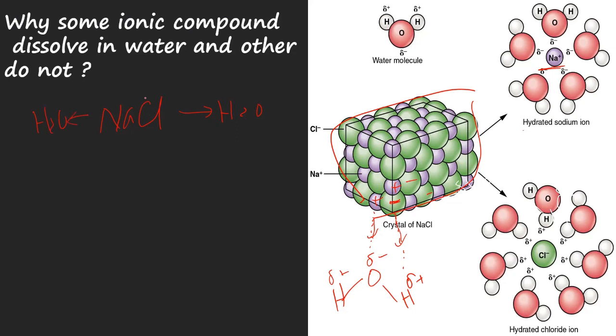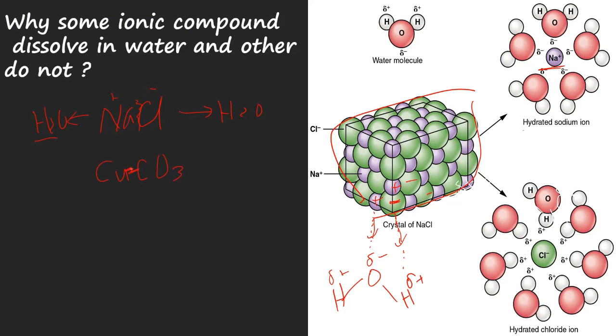Why? Because their bond, the positive and negative electrostatic forces, is weaker than the water and chloride or water and sodium bond. So the only ionic compounds that will dissolve are those where the cation and anion electrostatic forces are weaker than the water and ion bond. But let's say you have another compound, copper carbonate.